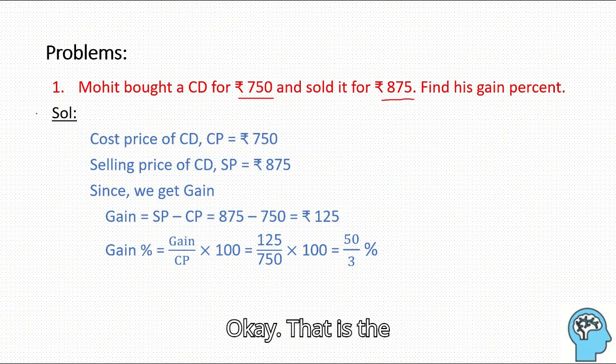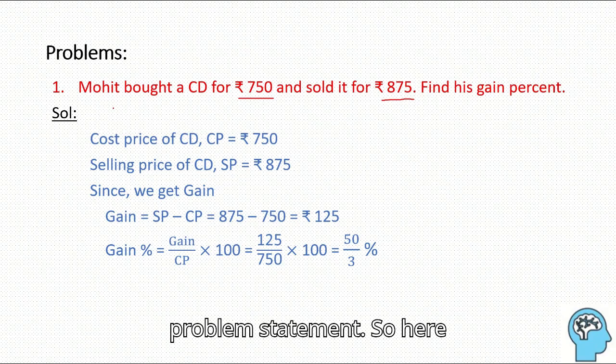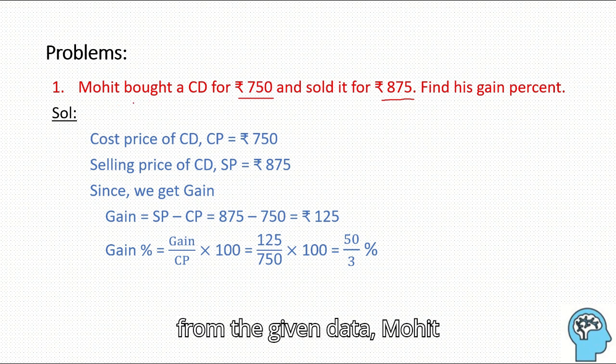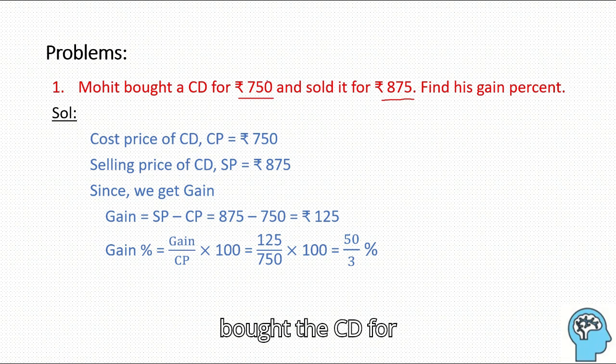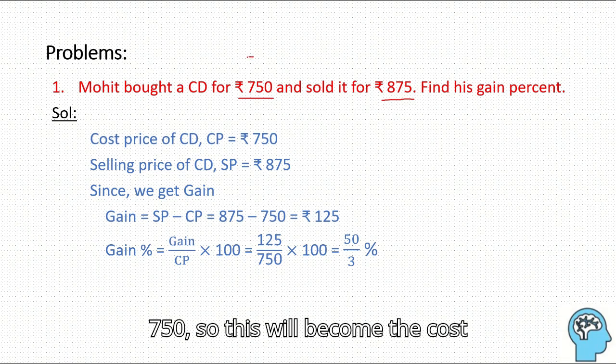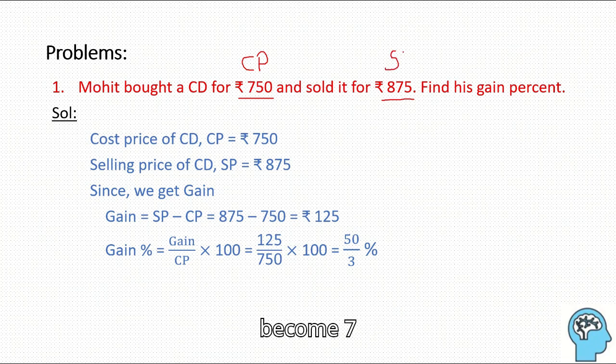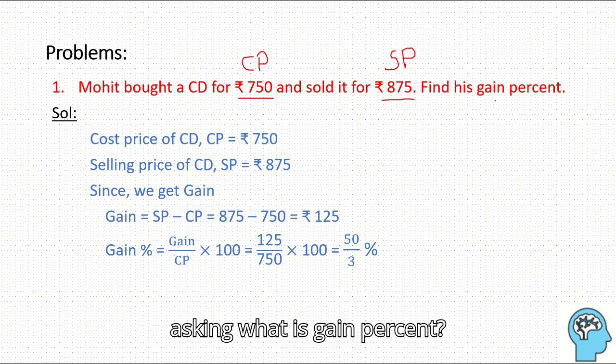Okay, that is the problem statement. So here from the given data, Mohit bought the CD for 750, so this will become the cost price. Okay, and he sold it for 875, so this will become the selling price. Now he is asking what is gain percent.